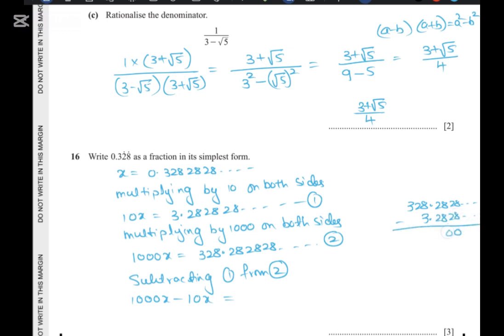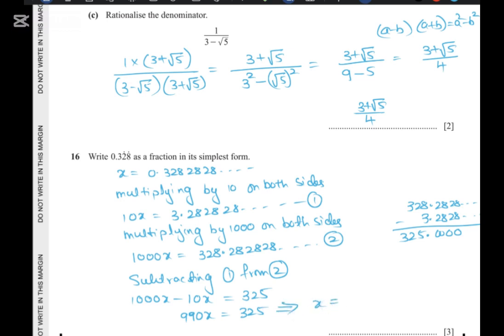You get zeros here. 0.8 minus 3 is 5, 2 and 3, so 325 you get on the right hand side. So 1000x minus 10x is 990x equals 325.